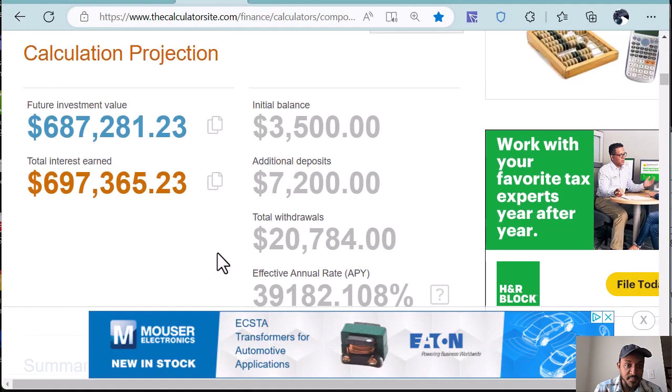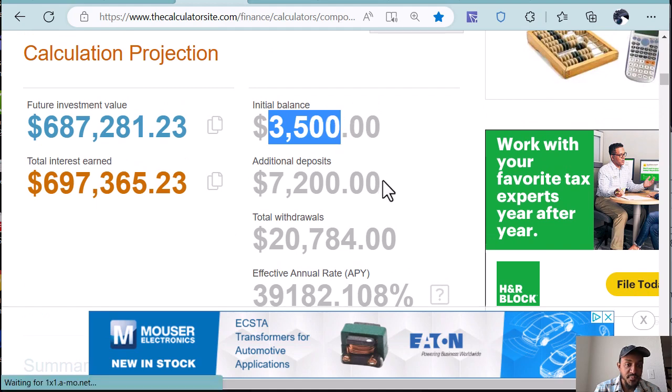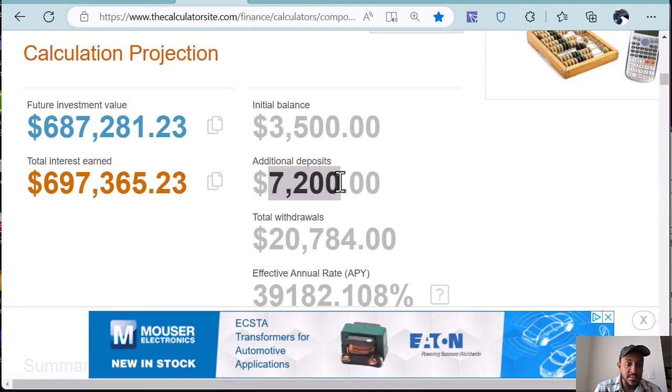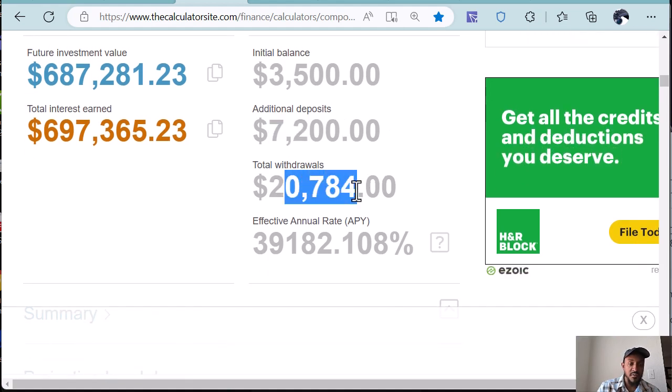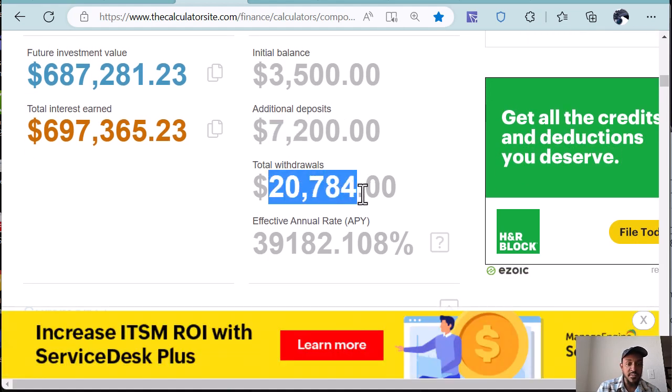Look at this. So your initial balance is 3,500. Additional deposits 7,200. Total withdrawals, you've taken out over $20,000 extra. You're still going to your 9 to 5. You're still running your business, but you have an extra $20,000 that has come into your household over the course of that year.